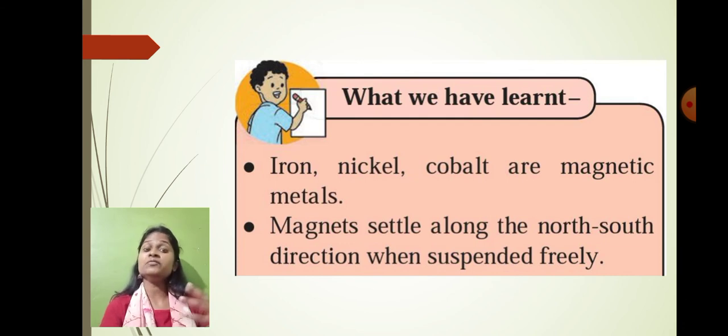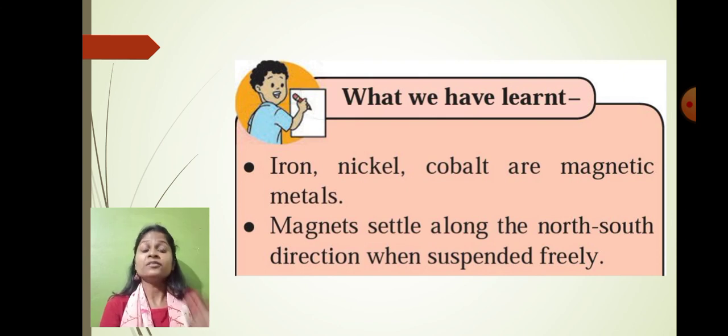The materials which get attracted toward the magnet are called magnetic materials, and the materials which do not get attracted toward the magnet are called non-magnetic materials. We also spoke about the properties of the magnet. The magnet will always settle down in the north and south direction.